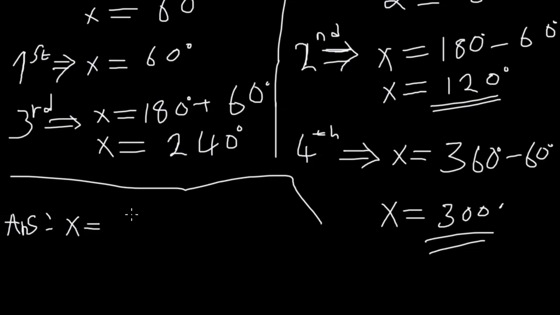Your values of x will be 60 degrees. You move on from 60 to 120 degrees. From there, you move to 240.